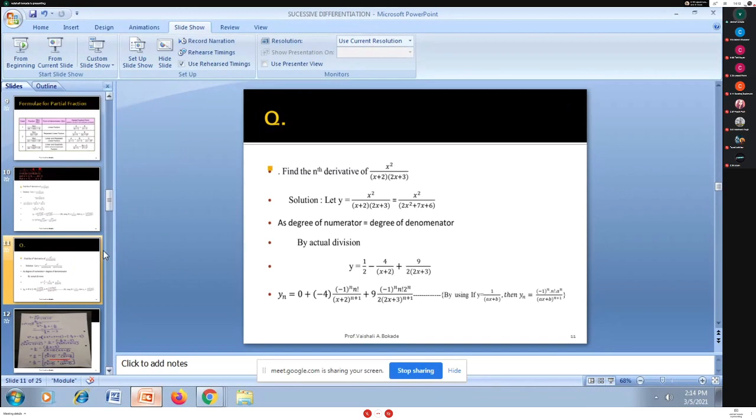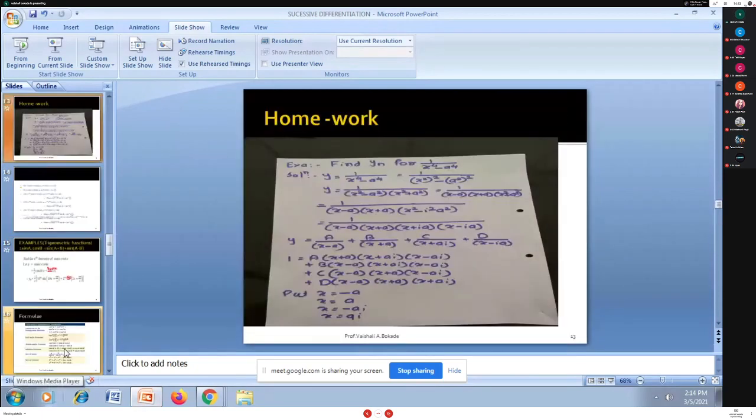What I told you is that for successive differentiation you have to recall the 1 upon x plus b formula. Those formulae you have to recall.